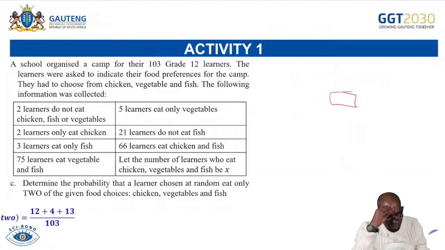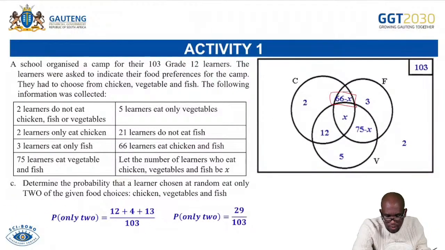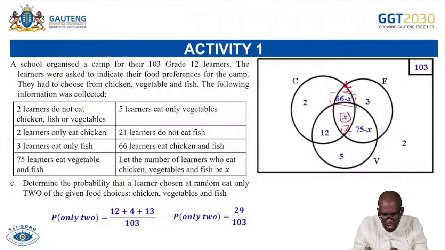So this would be 66 minus 62, which is 4. And this would be 62. And this would be 75 minus x, 75 minus 62, which is 13.